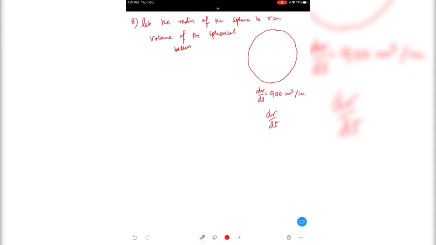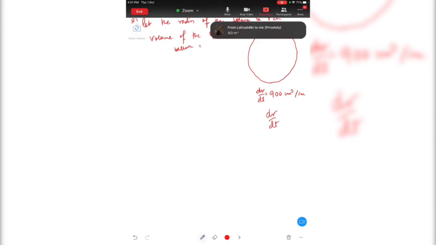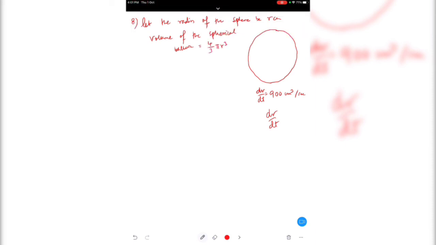Very good, yes, 4 by 3 pi r cube. That is the volume of the sphere. So V is equal to 4 by 3 pi r cube.